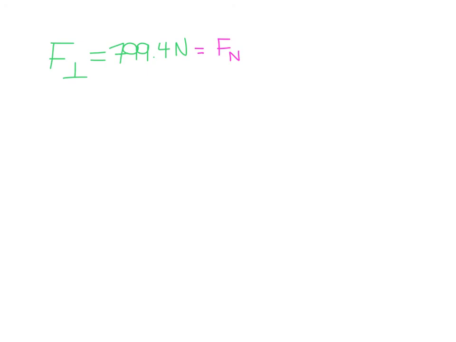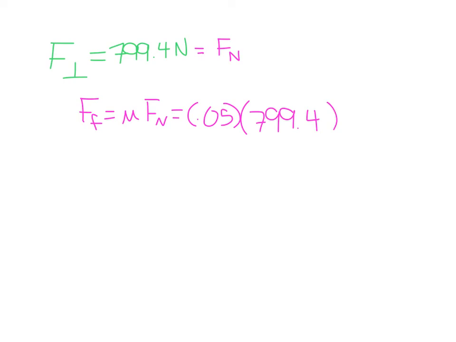So my normal force is all I really needed. I have my coefficient of friction. So all I need to do now is just multiply those two things together. So I end up getting 0.05 times that normal force that I just found. And my final answer is going to be approximately 40 newtons.